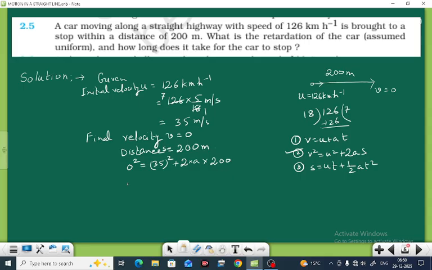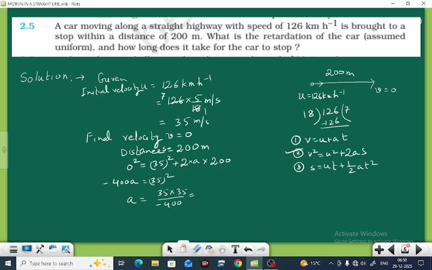So we are getting the value here as 400. a is equal to minus 400, a is equal to 35 square. So a is equal to 35 into 35 by minus 400. We calculate this value, let us see what is the acceleration.